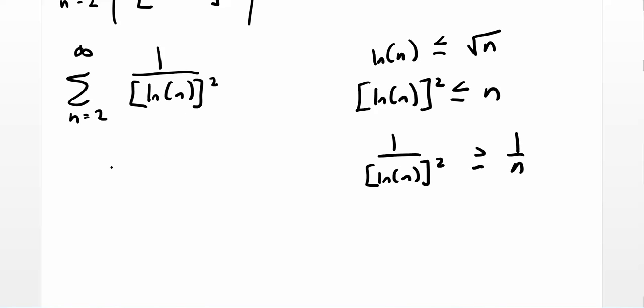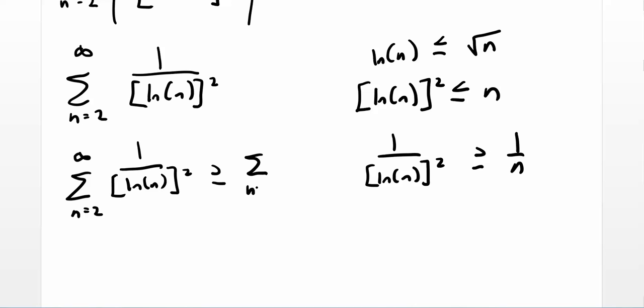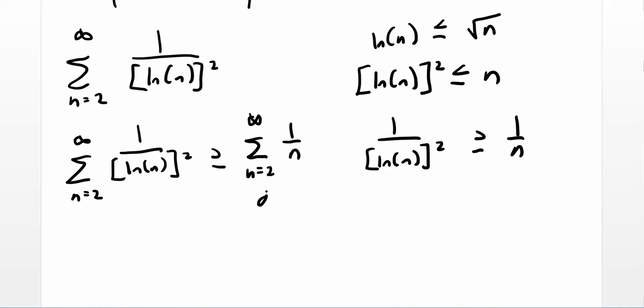So this series of 1 over natural log of n squared is greater than or equal to the series n equals 2 to infinity of 1 over n. This is a p-series, a divergent p-series. And our series is bigger than that, so our series diverges.